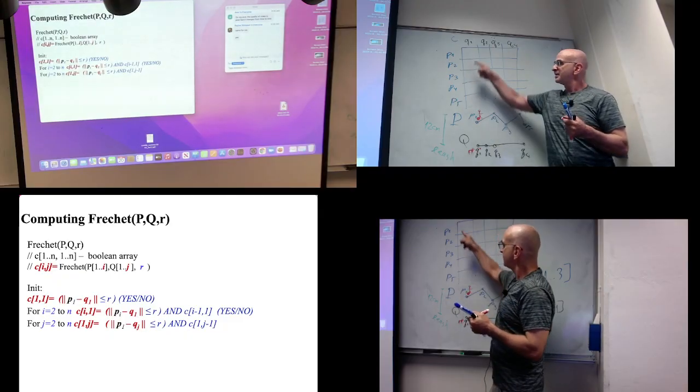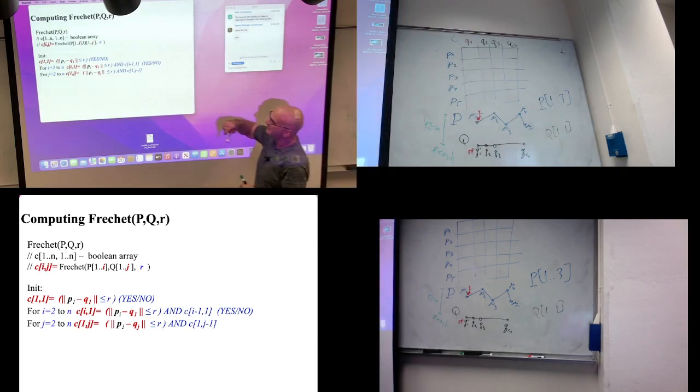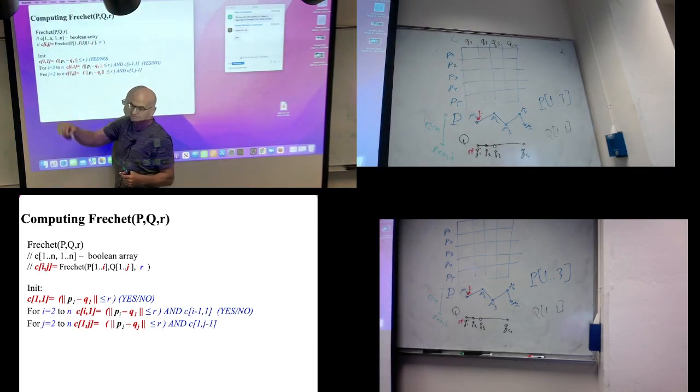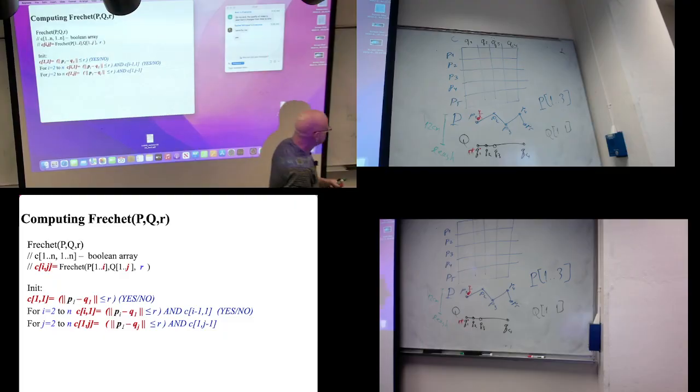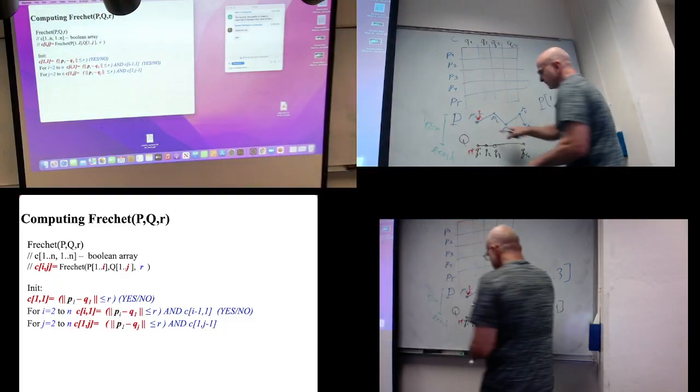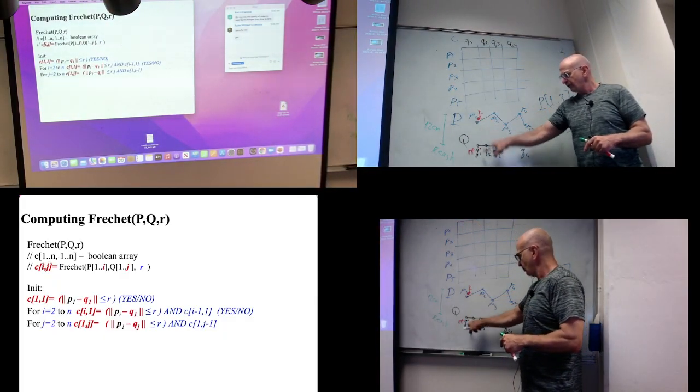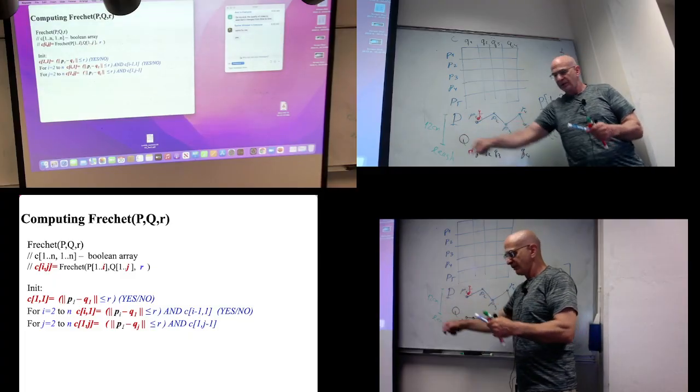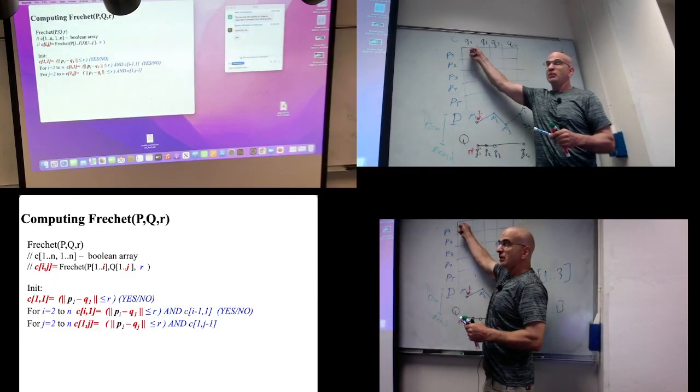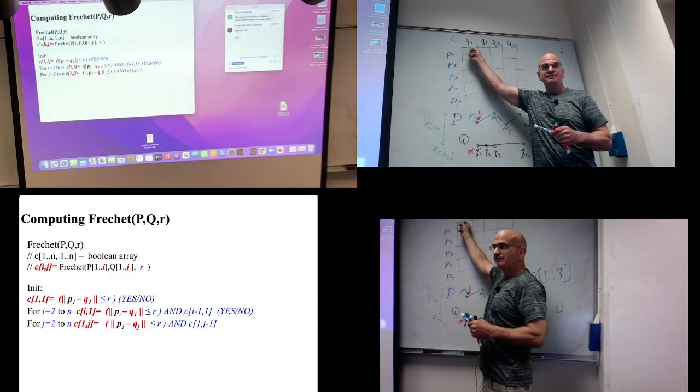Since I asked for C11, I can do this trip when they're standing right here, because the distance between P1 and Q1 right here is less than 12 centimeters. So what should I write in C11?